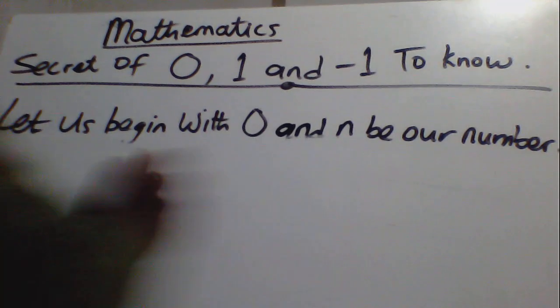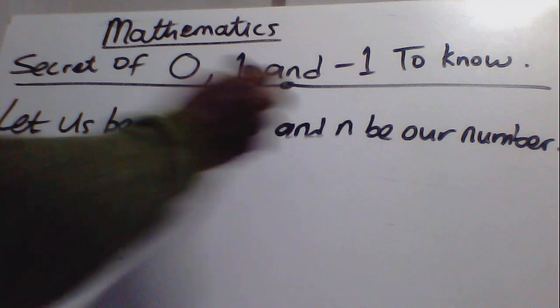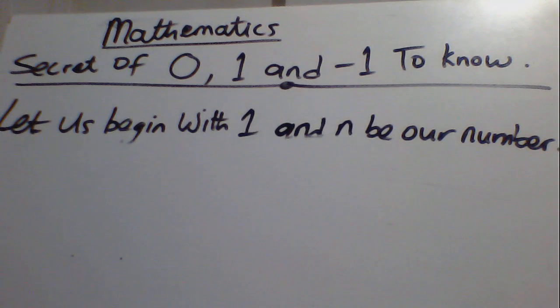So what do we know about 1? In our primary school, in the secondary school, university, or through our study of mathematics or numbers, what do you understand relating to 1? So in this case, we choose 1 and n be our number.